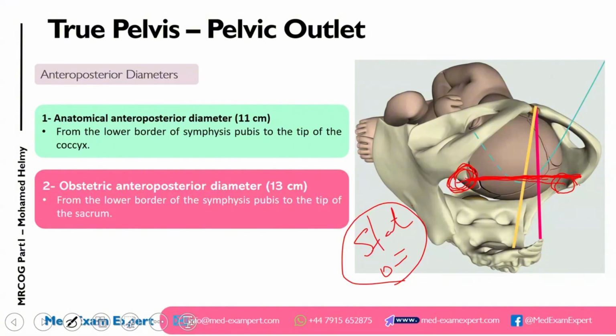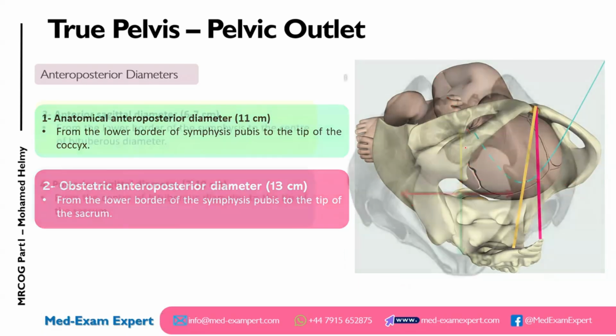Unlike if the head is felt above or below the ischial spine and not engaged, this gives some worries about the progress of labor. This is a general speaking point, but to illustrate the process of labor should have another webinar. So this is what is meant by engaged head or engagement.